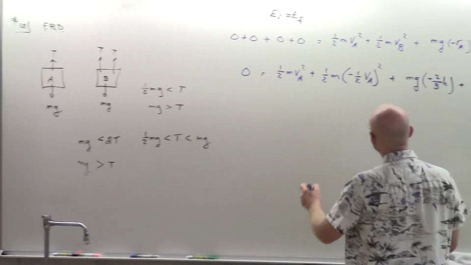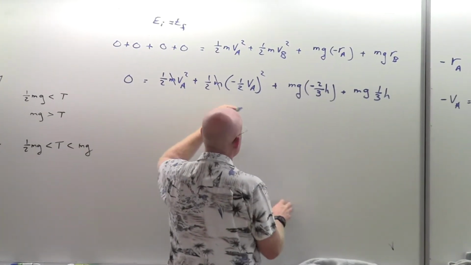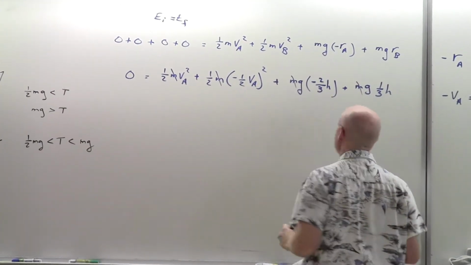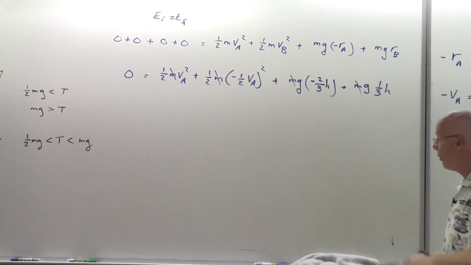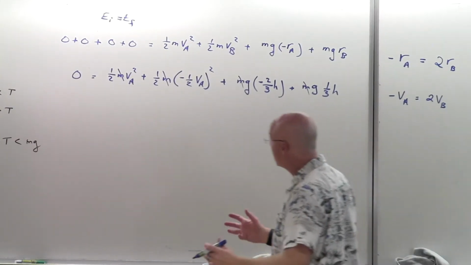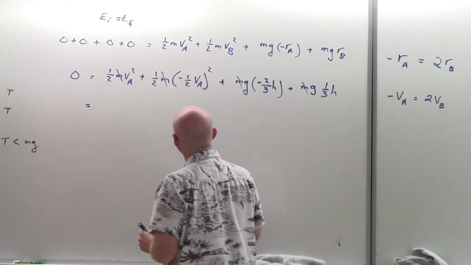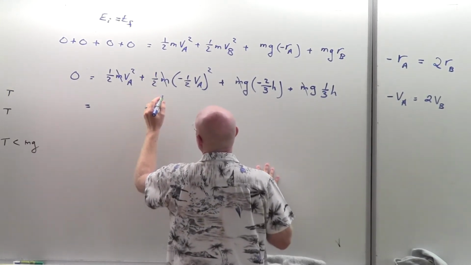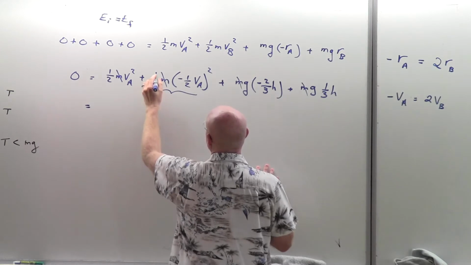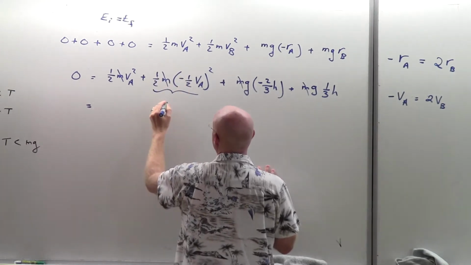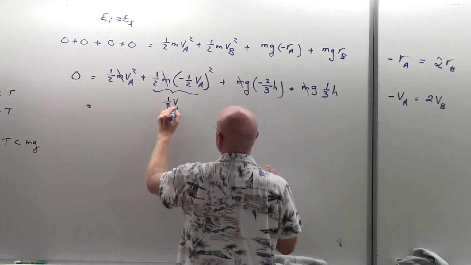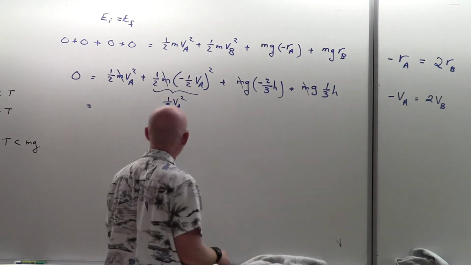And so maybe the first thing I would do is get rid of the m's. They're in every term. I would divide it through, no more m's. I then would combine my like terms, and I do have some like terms. This one is really a 1/2 and a 1/4, which makes a 1/8 VA squared.